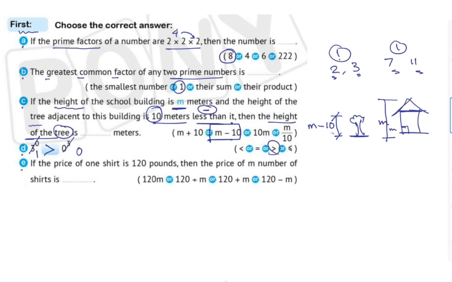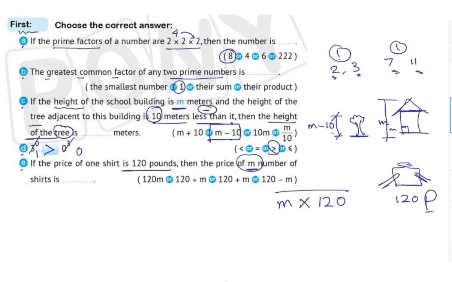Okay. E, if the price of one shirt is 120 pounds, then the price of m number of shirts. I know that one shirt costs me 120 pounds. So if I want to buy m number of this shirt, I will multiply this m by the price of one shirt.